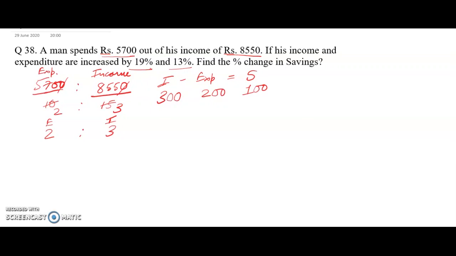Now in this question it says the income is increased by 19%. So 19% increase means 19 threes are how much? 57.